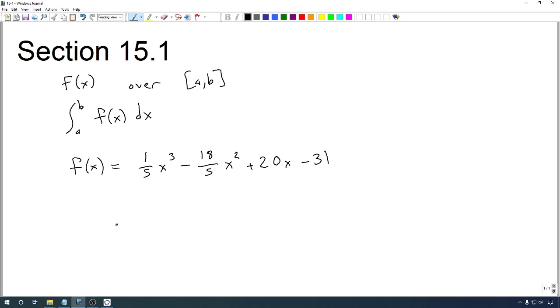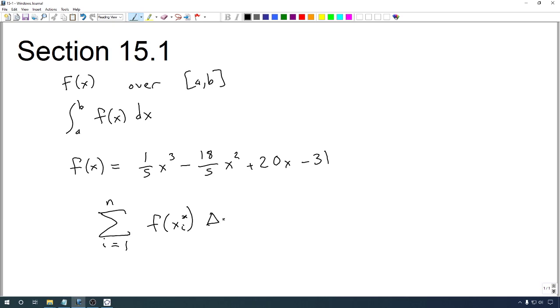So if we were to write this out, we would write this using our summation notation. We'd have rectangles numbered from 1 to n, where n is the number of rectangles we're using. We'd use a height of the function at some sample point. We'll just call it xi star, some sample point in the ith subinterval, and we put that value into our function and get out a height.